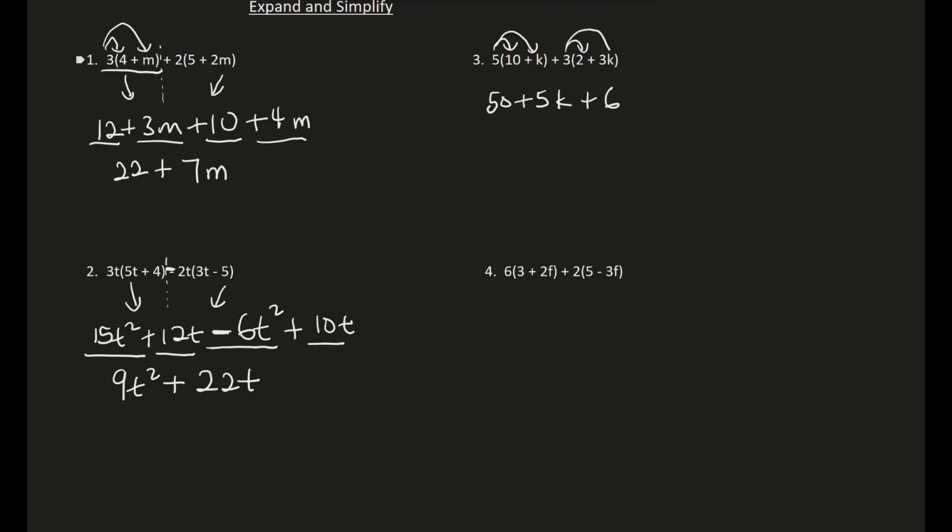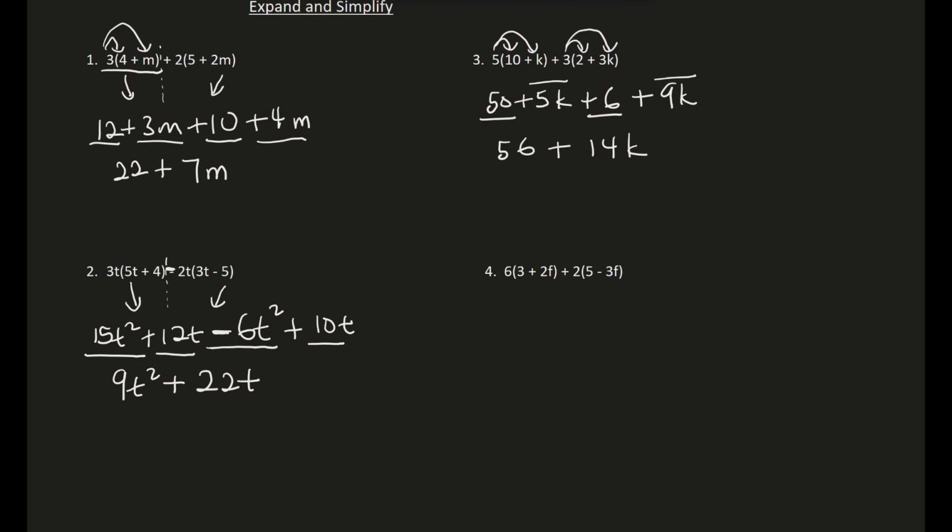And then plus 3 times plus 3k, that gives us plus 9k. Grouping like terms, 50 add 6 gives me 56. And then 5k add 9k gives me 14k.